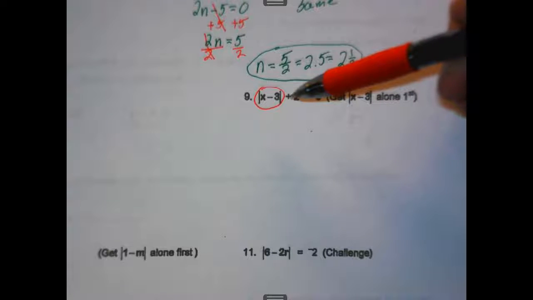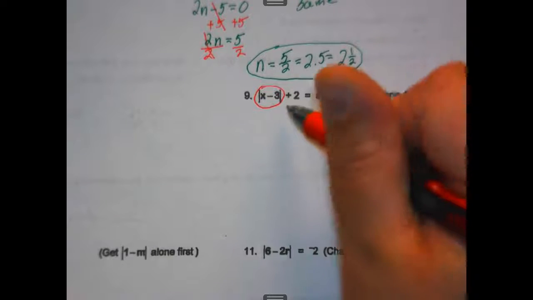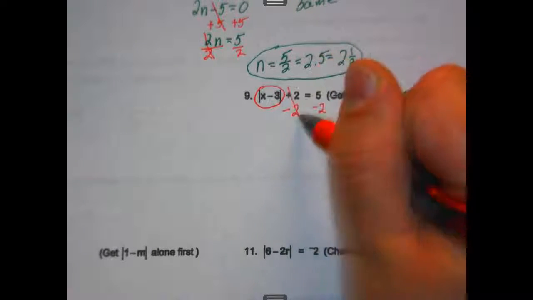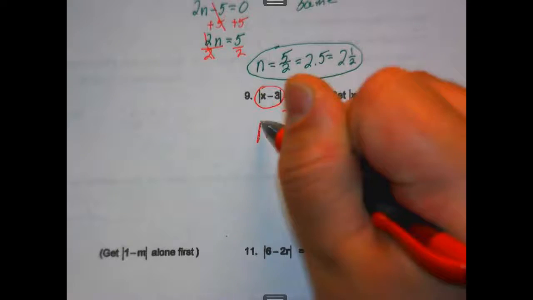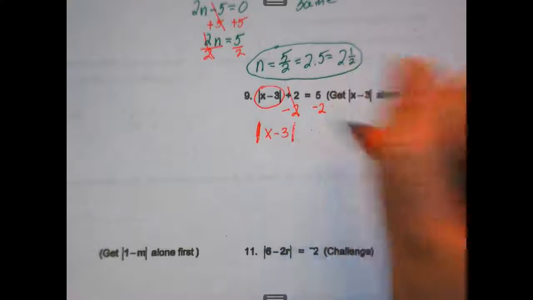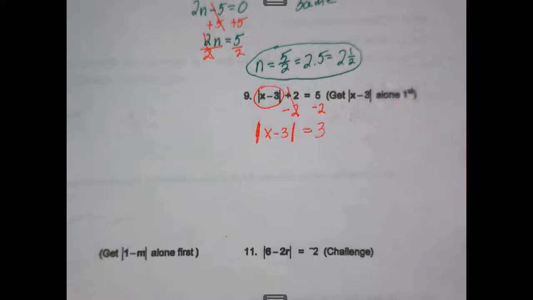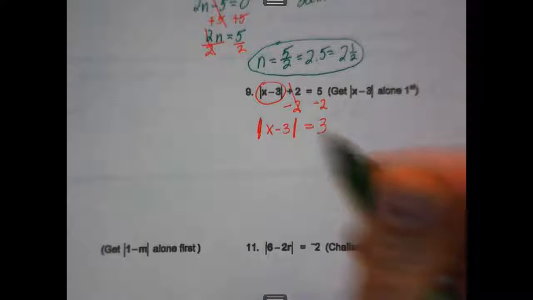We're actually adding something to the outside of the absolute value, so we have to get rid of that first, then split it up. So right off the bat, we're going to have to subtract 2 first. So I get the absolute value of x minus 3 equals 5 minus 2, which is 3. Then I'm going to split it up.